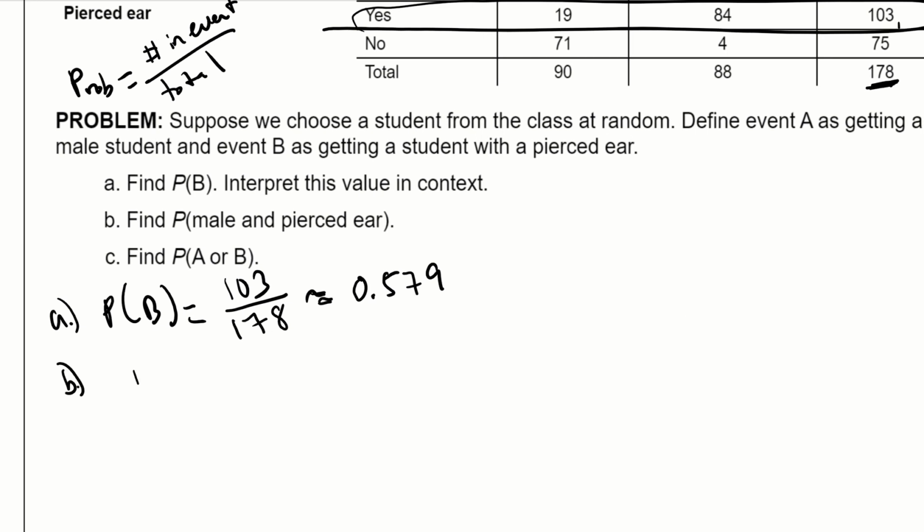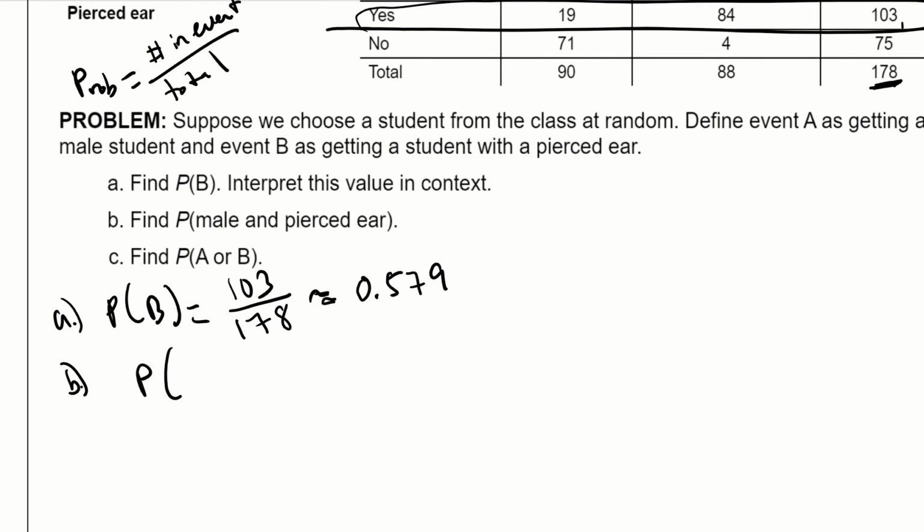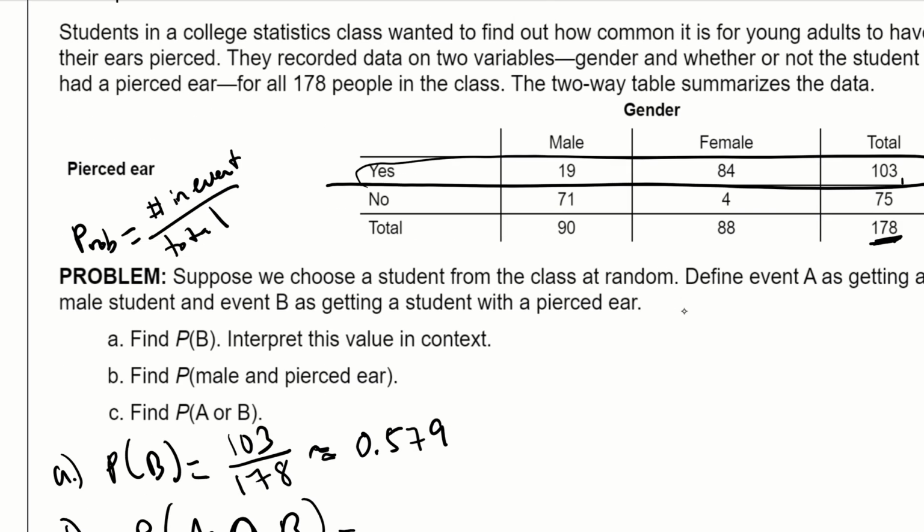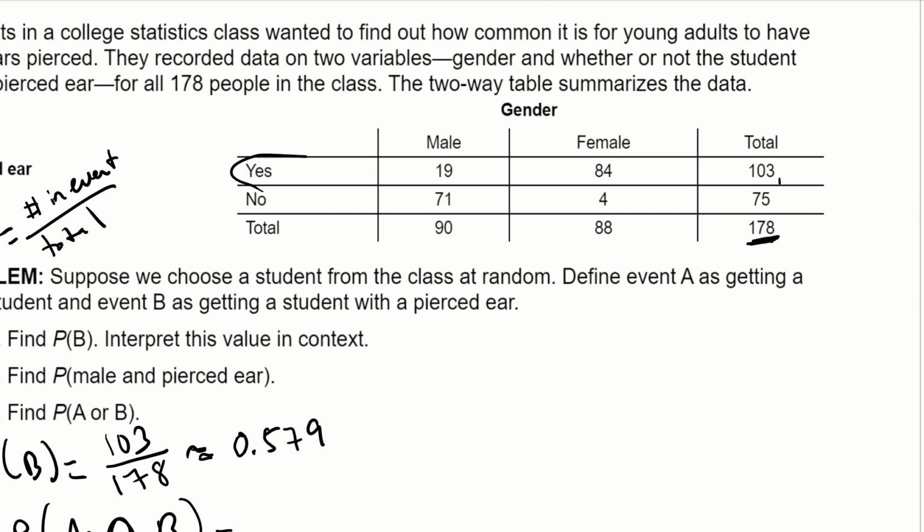All right, and then the probability of male. So male student is event A and pierced ear, right? So A and B. So male and pierced ear. So yes to pierced ear. So we're looking at this row. But we're looking at male. They have to be male, right?